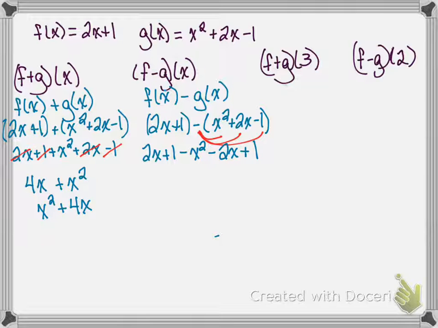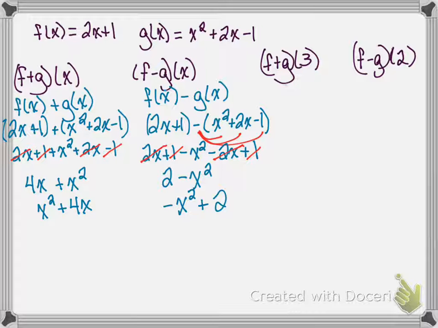Here I have a 2x and a negative 2x, so those can cancel out. 1 plus 1 is what? Really complicated. And then I'm left with negative x squared. Traditionally, even though there's a negative, you're going to see it like that.